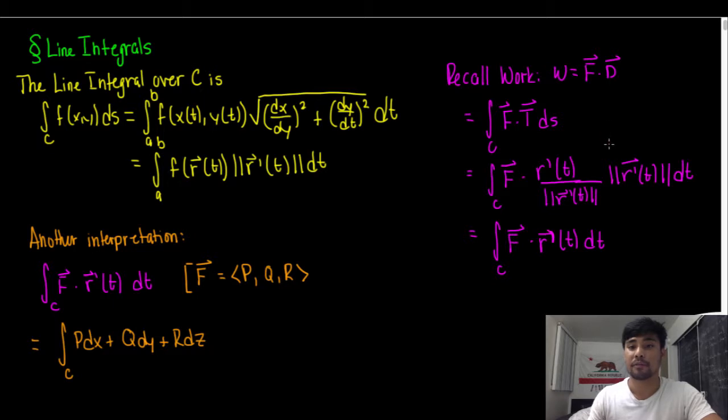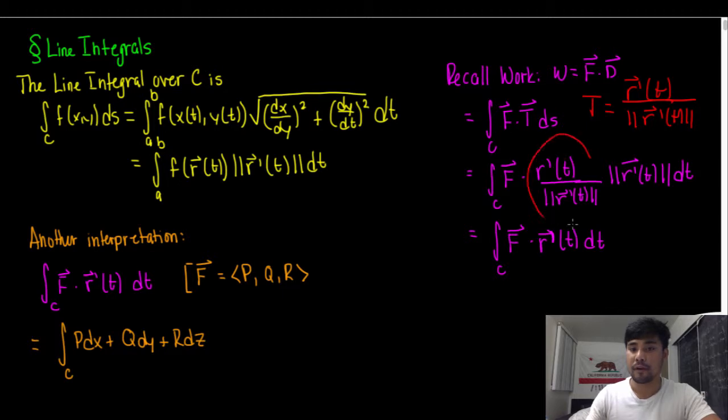Going back to the definition of work, work equals F dot d, force dot product with displacement. You might have seen this in a physics class. Work can also equal the line integral over the curve C of the force dotted with the tangent vector ds, where the tangent vector is a unit vector, r prime of t over its magnitude.